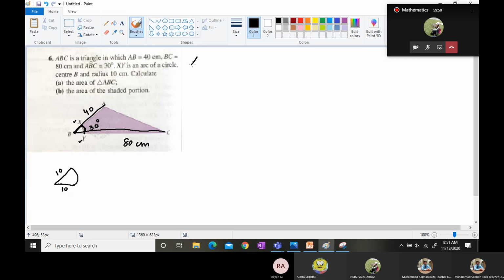The area is quite easy because I know it is half into 80 into 40 into sine 30 degrees. If you do not want to use the calculator, you should know that sine 30 is always 1 upon 2 or 0.5.